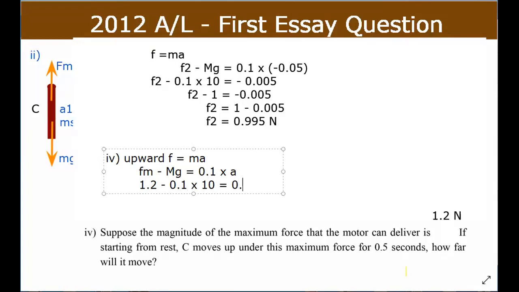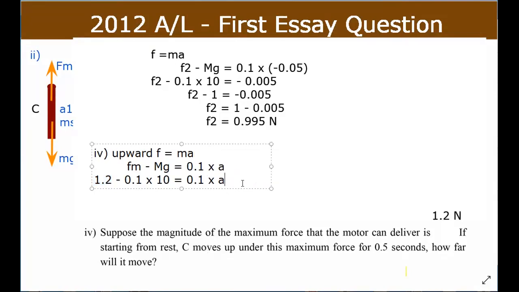This is 0.1 into A. Can you do the rest and find the value of A? A is the upward acceleration of the segment C under the maximum force of 1.2 Newton. Find the answer and send your answers to my Zoom chat. Start.